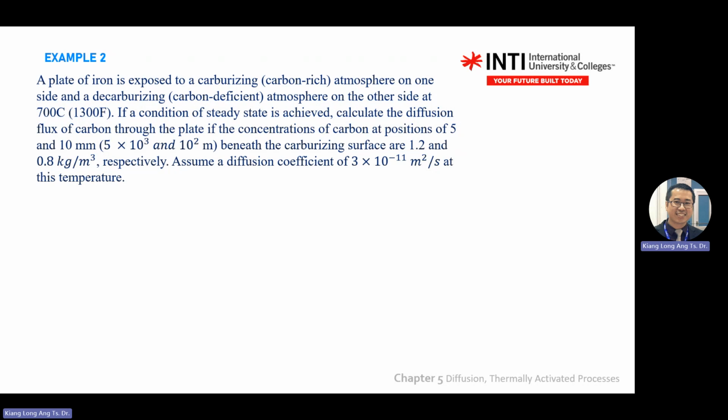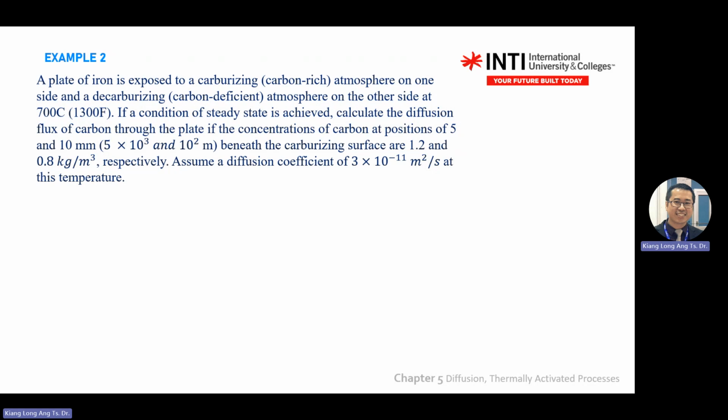When you solve this question, it actually expects you to draw something. First, you know that it's asking you one equation. J equal to minus D, dC over dx. You write this one, might be 2 marks. Okay. D is given.